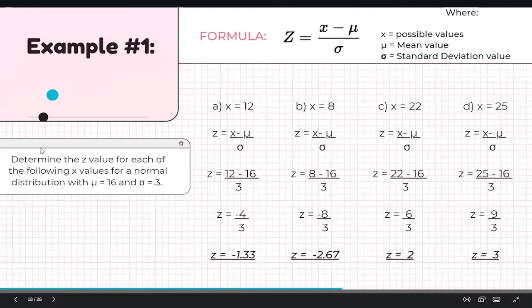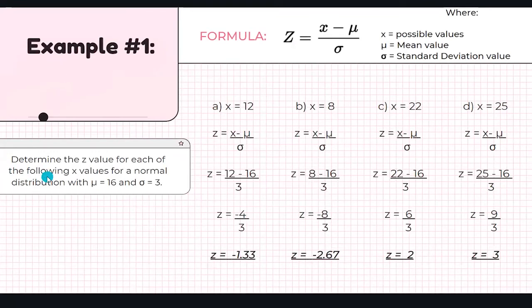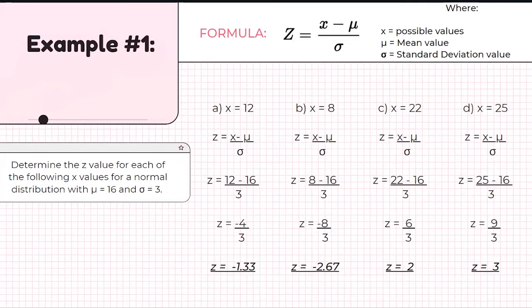Example number 1. Determine the z-value for each of the following x values for a normal distribution with a mean of 16 and a standard deviation of 3. For this example, we are going to use the z-score formula. For the first x value, which is equal to 12, z is equal to x minus mean divided by the standard deviation.